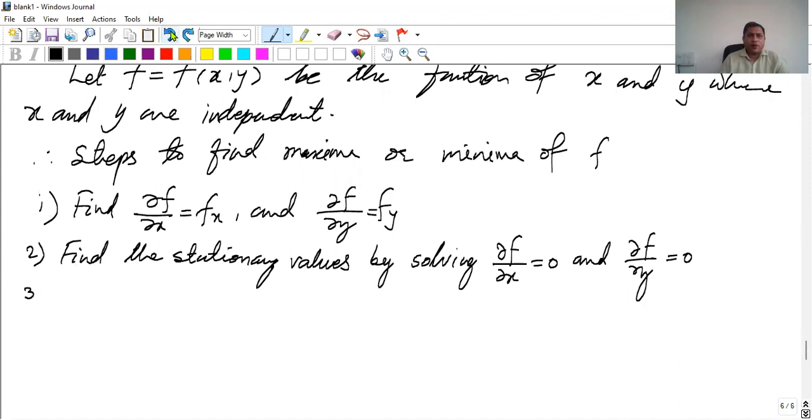The solution of these two equations will be the stationary values.